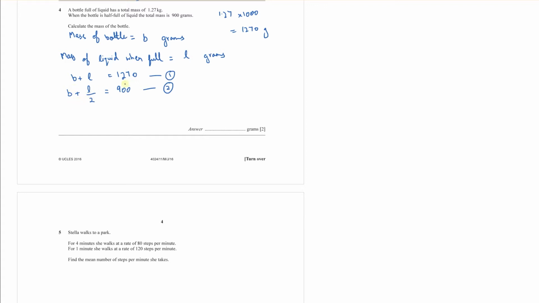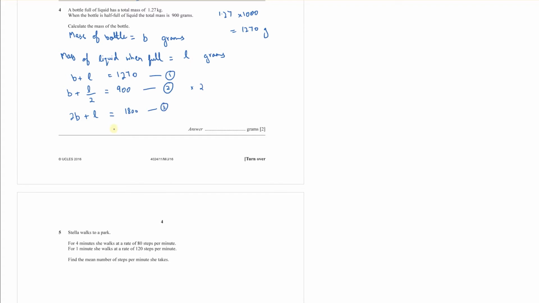Now we can solve them simultaneously. We need to calculate the mass of the bottle, so we have to solve for B. If I multiply the second equation by 2, I get 2B plus L equals 1800. Let's call this equation 3.